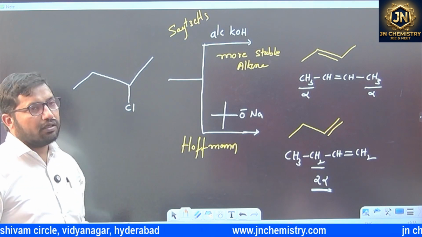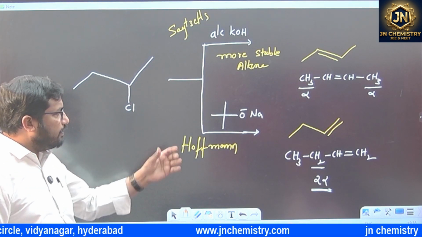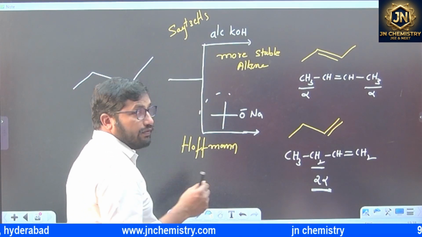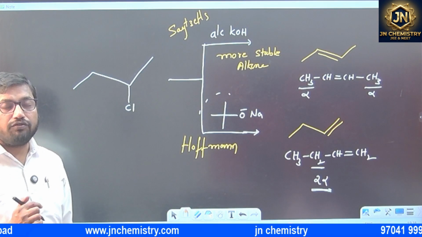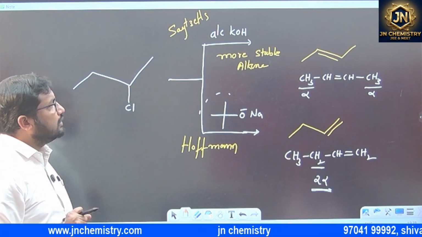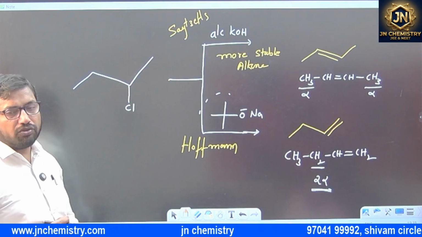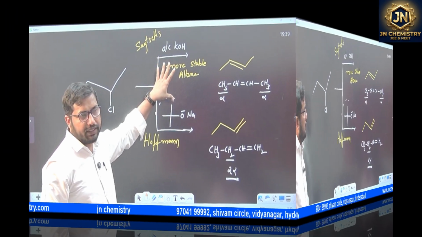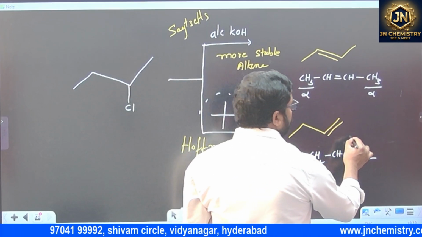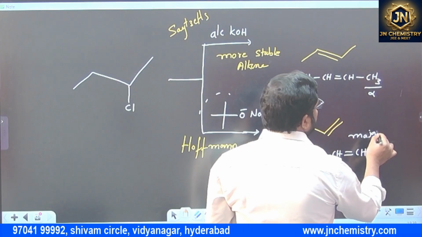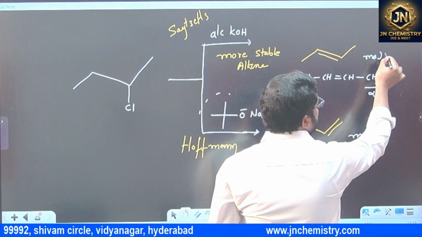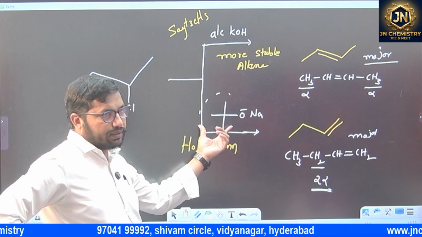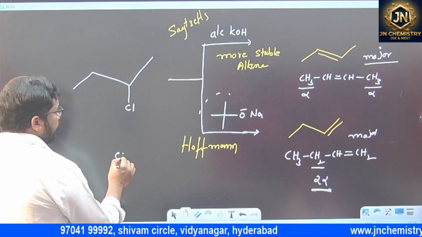Whenever an unstable alkene forms, when we use a bulky base, the Hoffmann product is formed. I'll explain that. First just write it down to avoid confusion, because they keep asking this type of question frequently. Here this one is major, and here this one is major. If you are using tertiary butoxide, this is a bulky base.